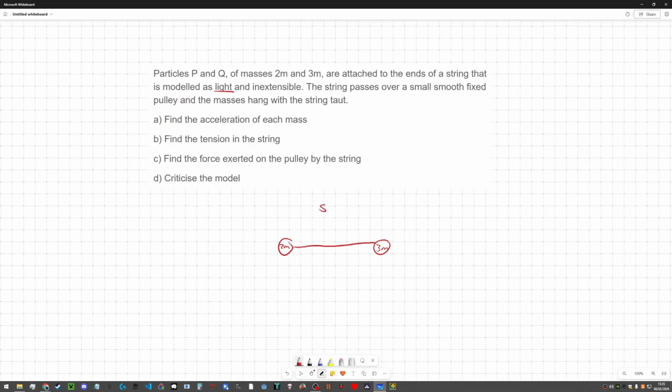So string has no mass. The string passes over a small, smooth, fixed pulley. So a pulley, we'll draw that as a circle. And the masses hang with the string taut.